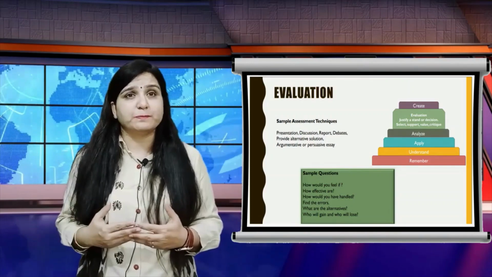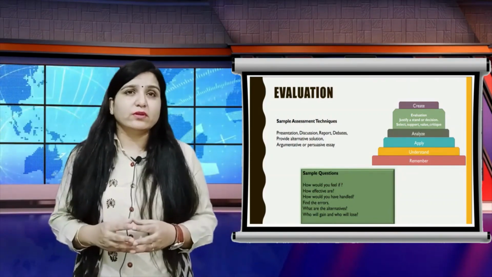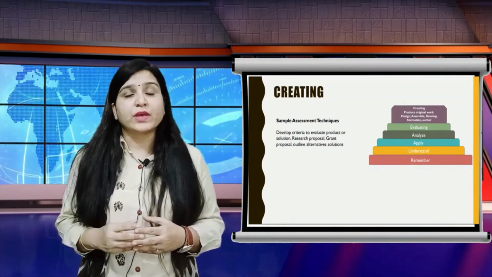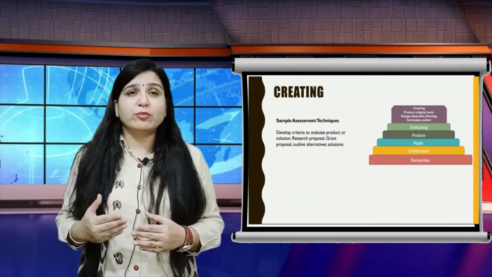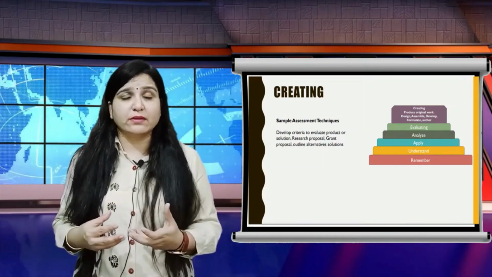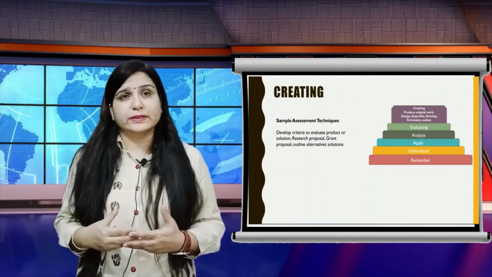Now let us discuss the last level of the cognitive domain of Bloom's taxonomy, that is creating. Here the teacher is required to check whether a student is able to produce original work, any original design, assemble things, develop, formulate or author anything.